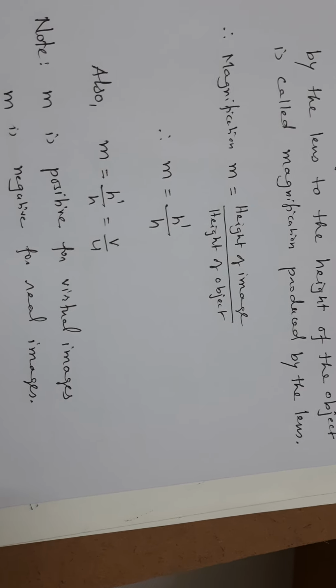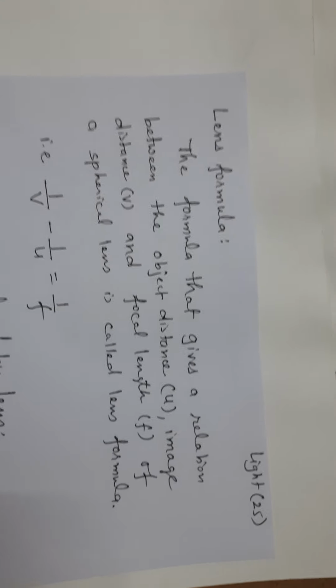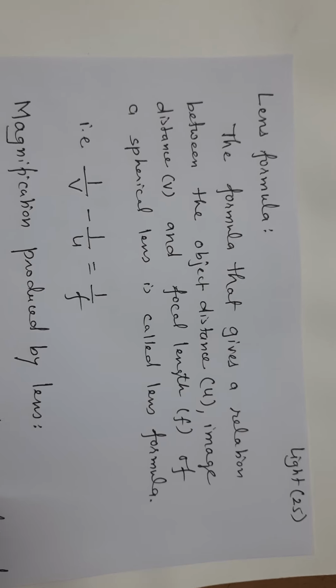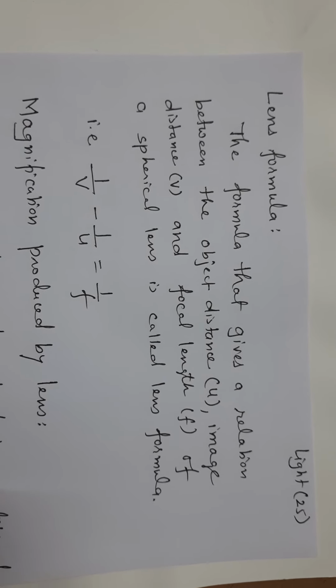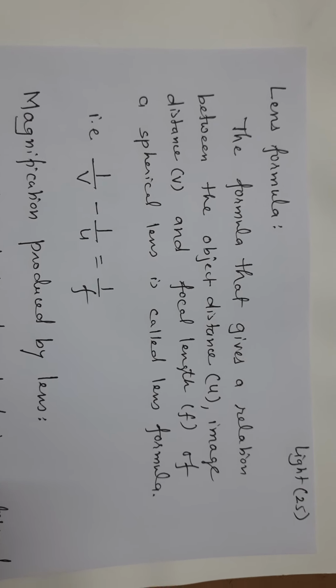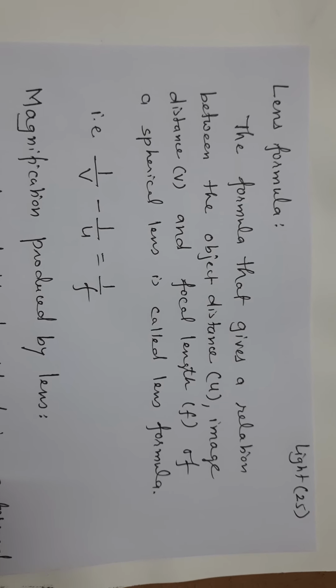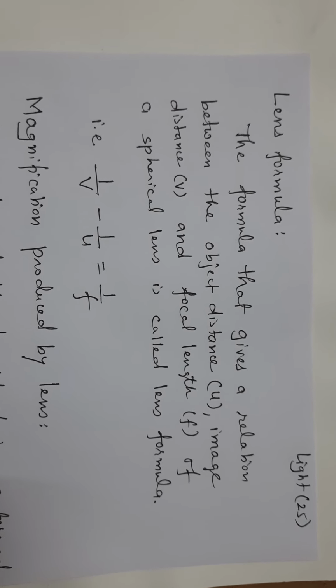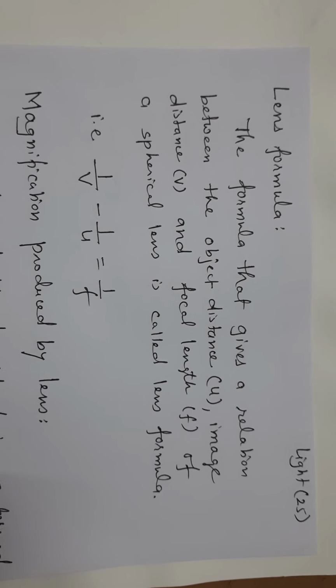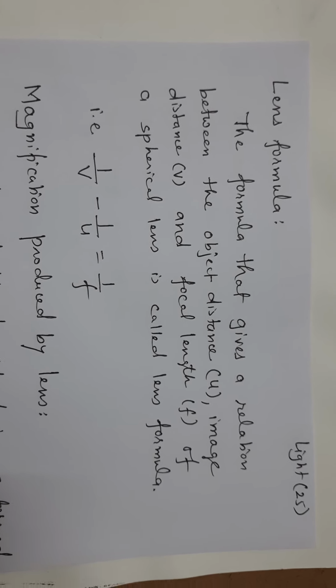Then we are talking about lens formula. As we had mirror formula, we have stated earlier what mirror formula was. I hope you all remember. We had 1 upon u plus 1 upon v is equal to 1 upon f. That was mirror formula.